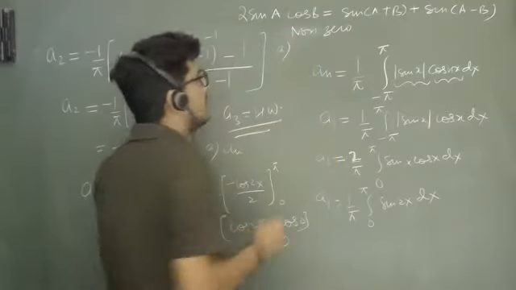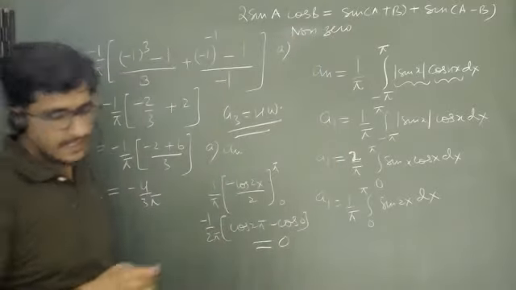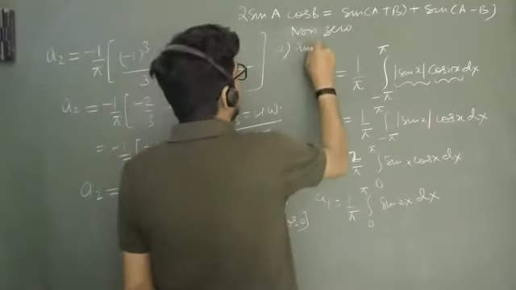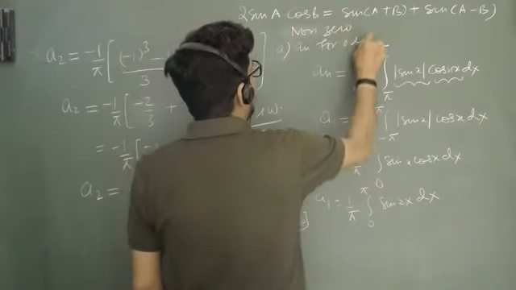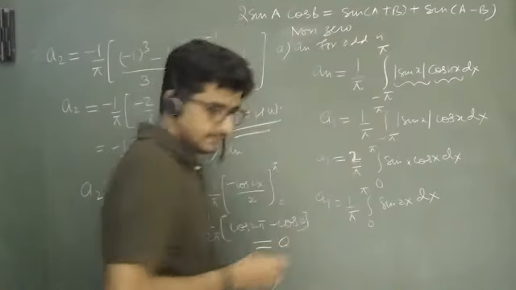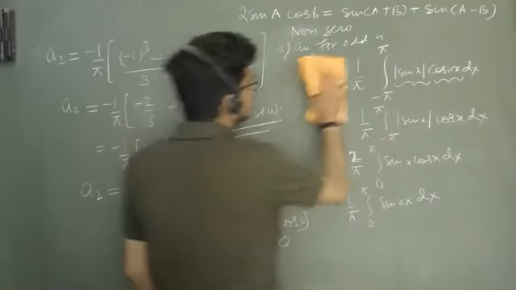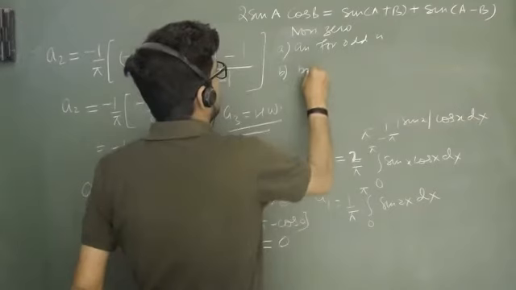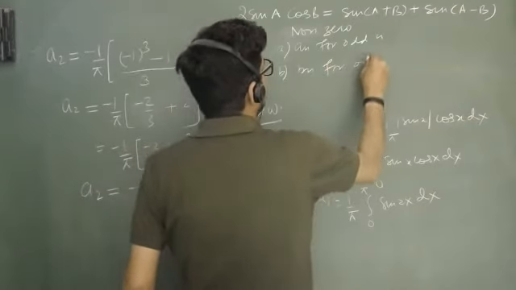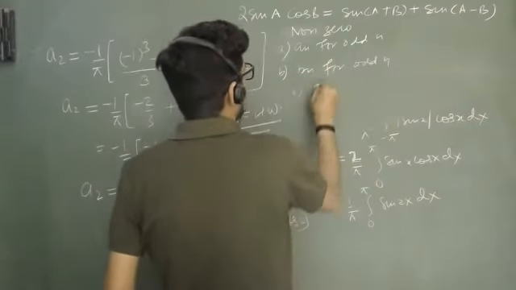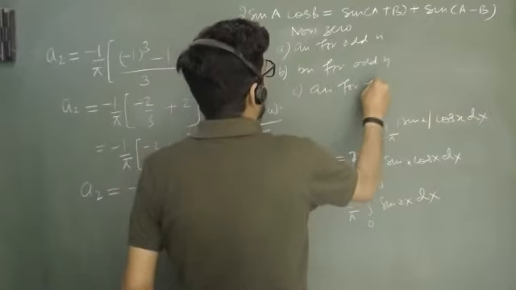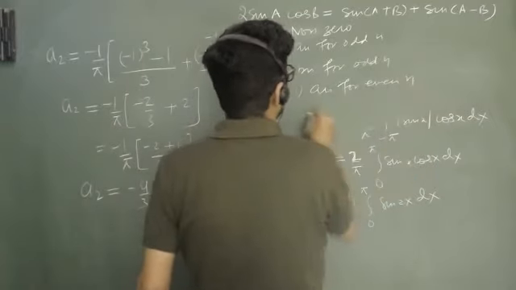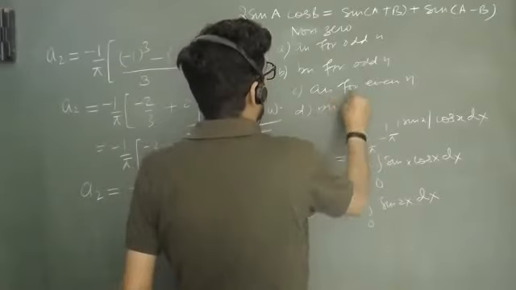So first option is an for odd n, then b, bn for odd n, c, an for even n, and d, bn for even n.